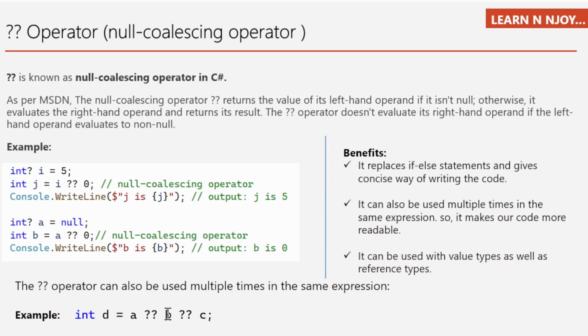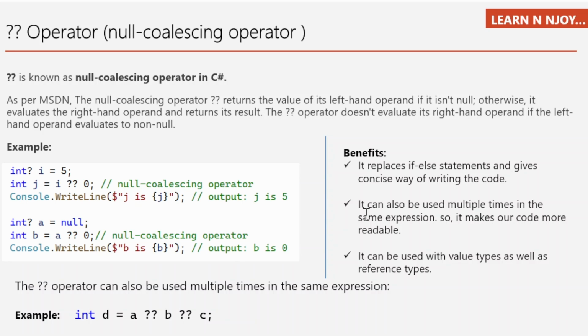If b is also a null value, then it will go and verify the c value, right? And at the end, it is going to store this value as d, right? So that's the way we use this operator multiple times in the same expression. It is also called a nested null-coalescing operator, right?